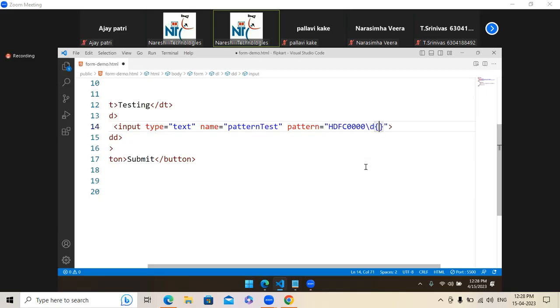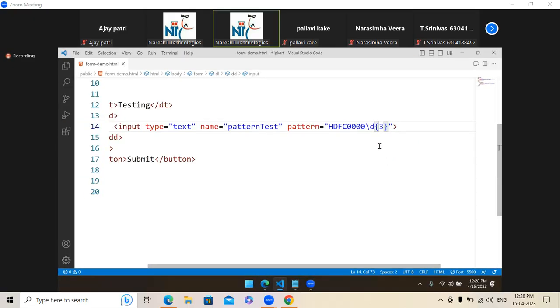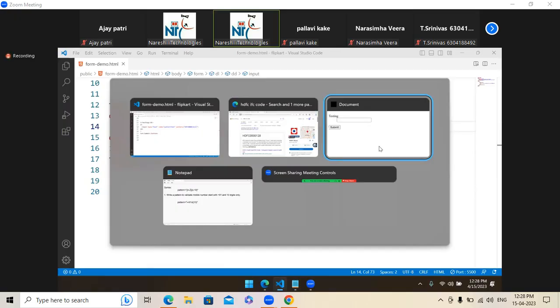Slash D. How many? 3. That's how we write. Understood? That means this indicates that it compulsorily should be HDFC0000. After that, the last 3 digits will be changing. The last 3 digits will be different. What is compulsory, you can directly write.